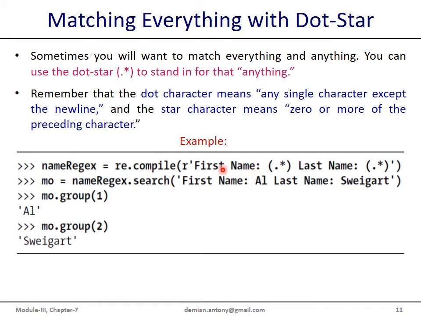You can see this is a mandatory regular expression pattern, and here also a mandatory pattern. And if you want to extract group 1 and group 2, group 1 here is Al, and this is Sweigart, the second, the author name. This is how you can use the wildcard character along with the regular expression character class, that is star.